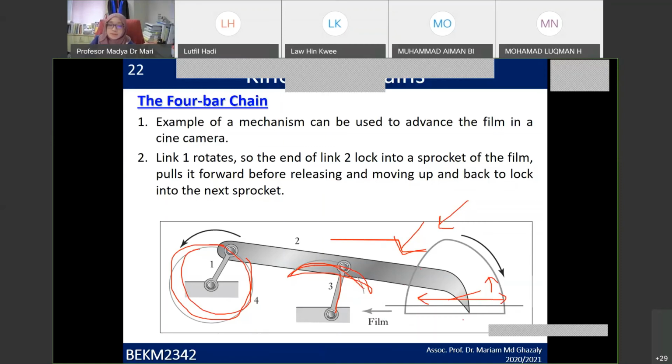So this is where it will read whatever you have saved on top of the film. If you see here, it pulls forward for releasing and moves up and back to lock the film. So that is the mechanism used in a film.